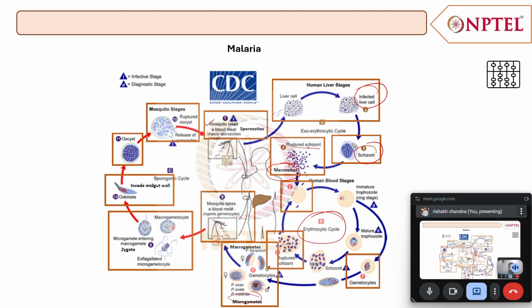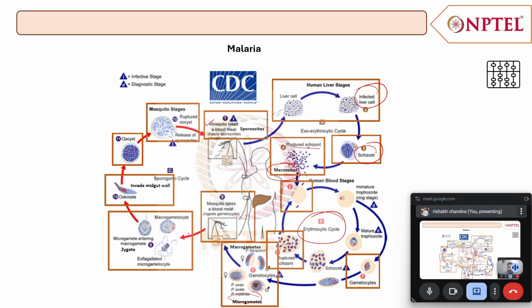So that is a breeding cycle inside the mosquito. From sporozoites, it moves to merozoites, and the merozoites move to the RBCs. From there, they increase in number in the form of gametocytes. These gametocytes are taken by the mosquito again, and they fuse and produce sporozoites inside the mosquito.